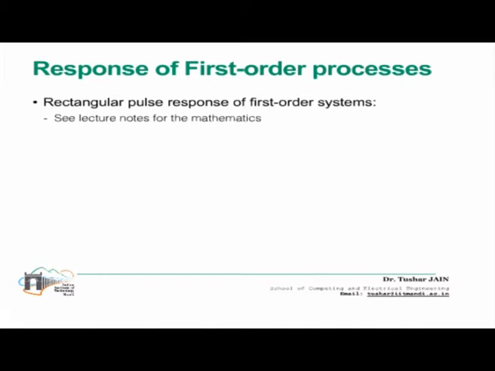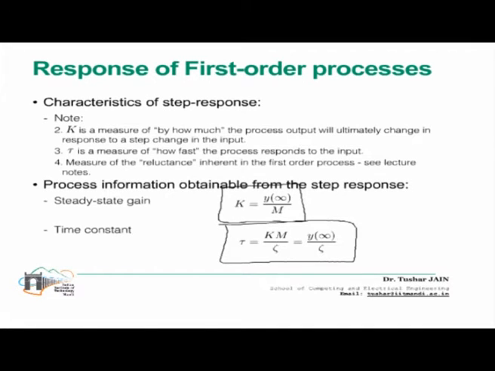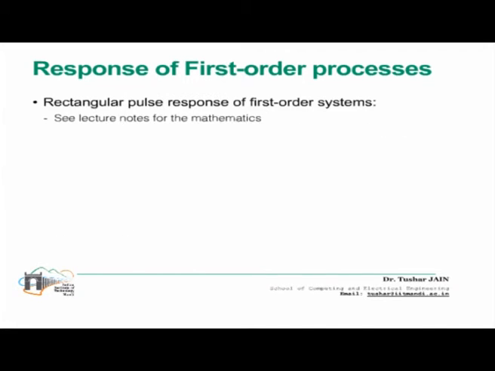Now we will see how a rectangular pulse gives the response of the first order system. So recall that the transfer function of the rectangular pulse was denoted by H of s.